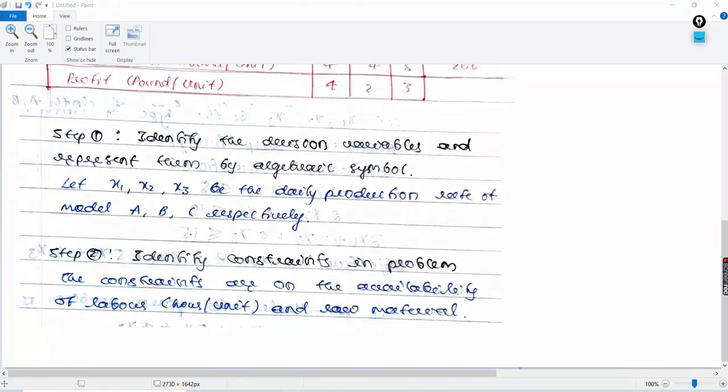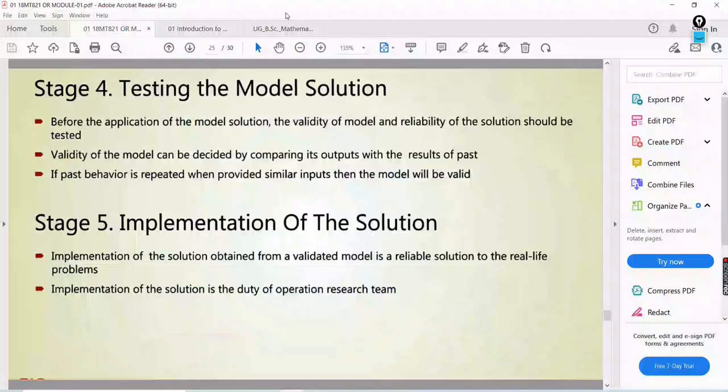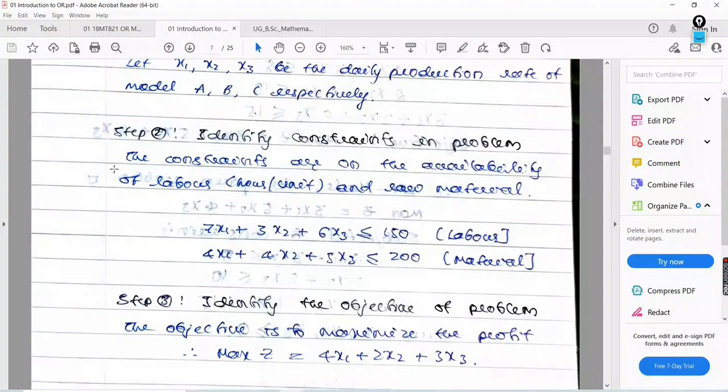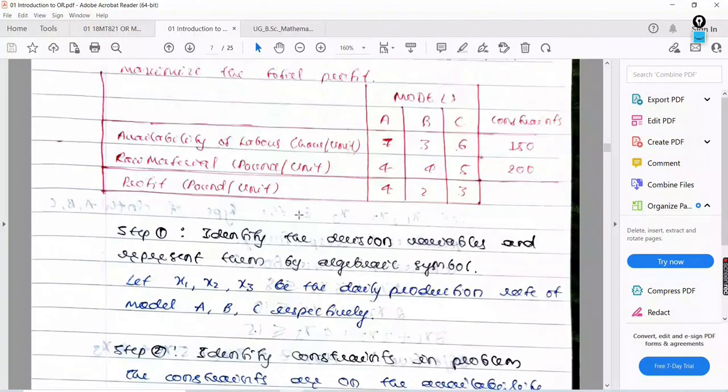Then next I will use this only. Here you have defined labor and raw material. This is x1, this is x2, this is x3.